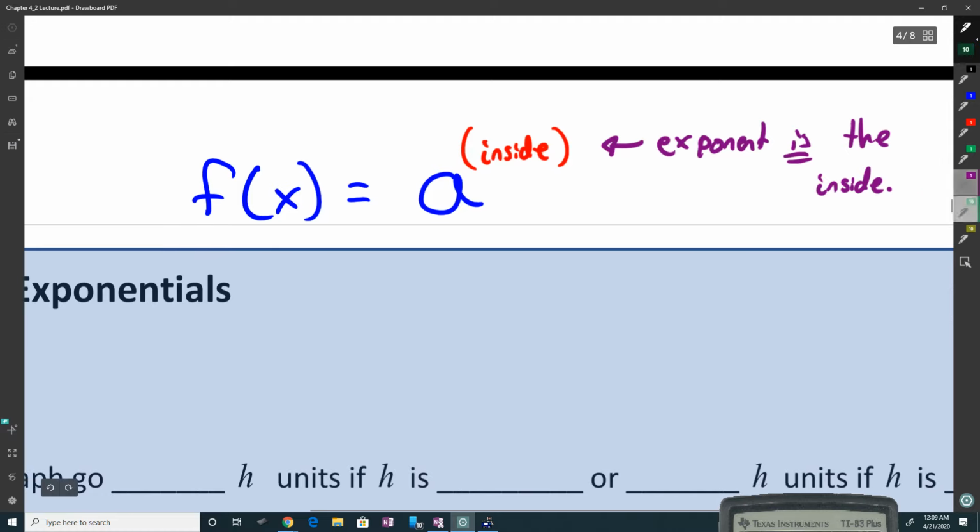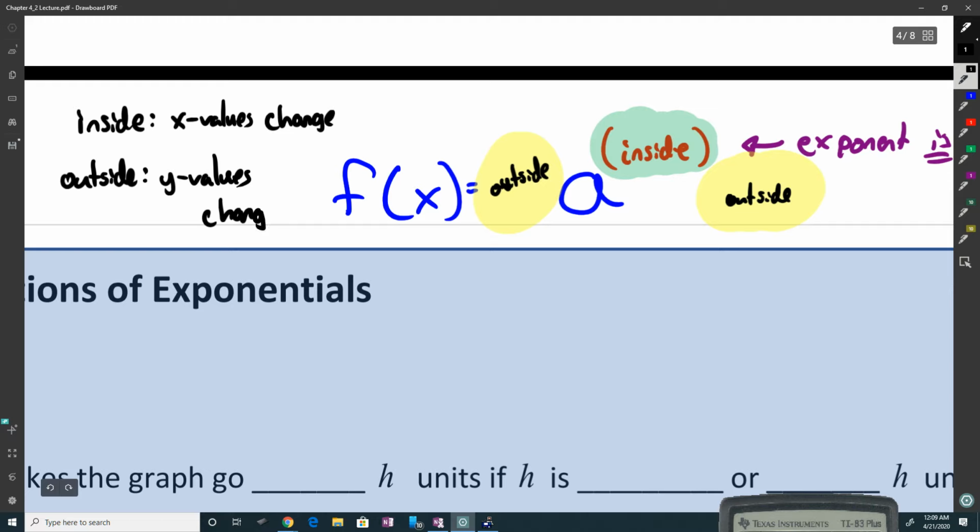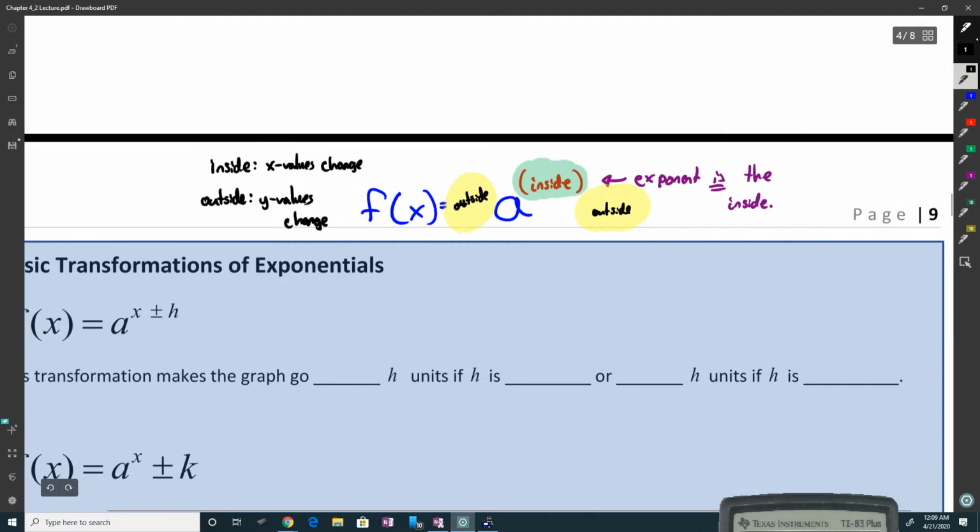So for exponentials, anything in the exponent is the inside, whereas everything out here is the outside. Remember, inside is x values change, whereas the outside, the y values change. So they just want to do some really basic stuff with exponentials.